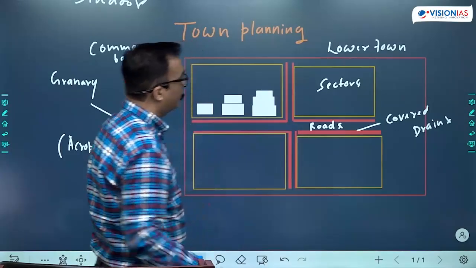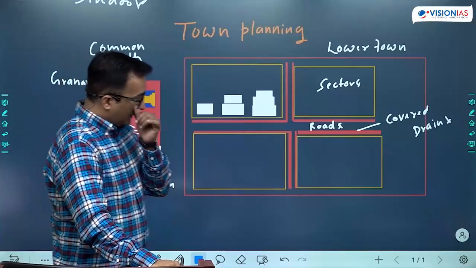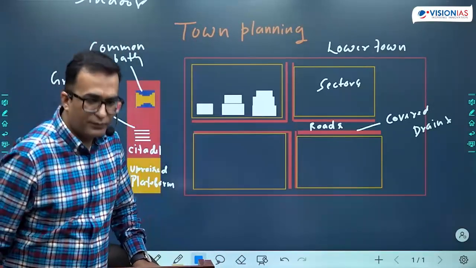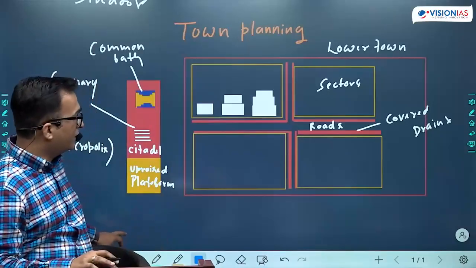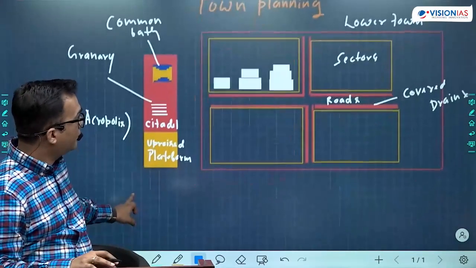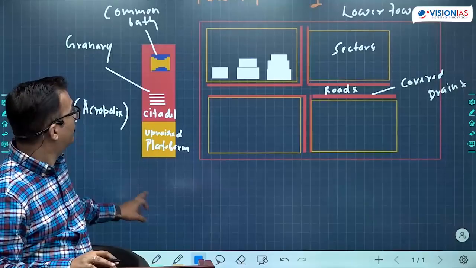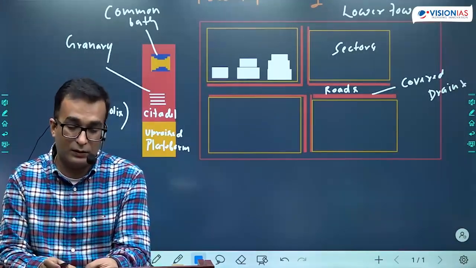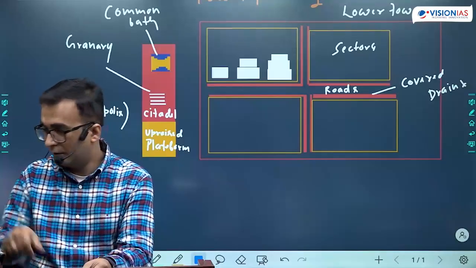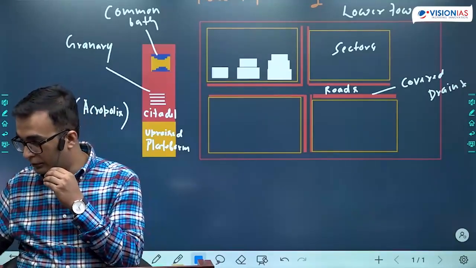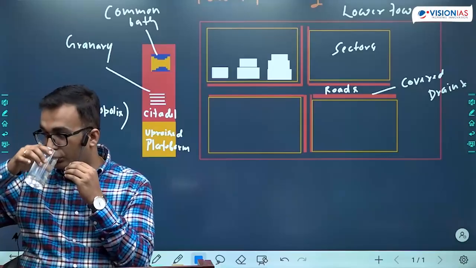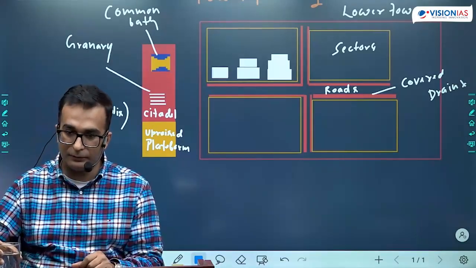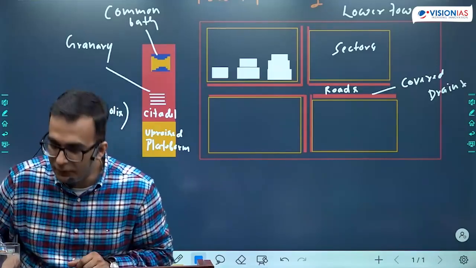So these types of houses were there. There is one more diagram, but first you complete this part and then I'll go into the next diagram. Not visible.